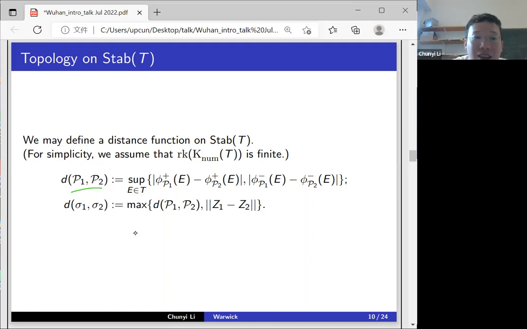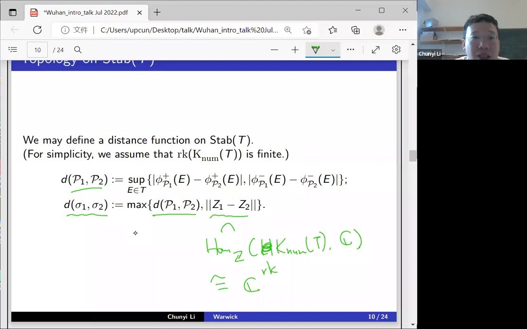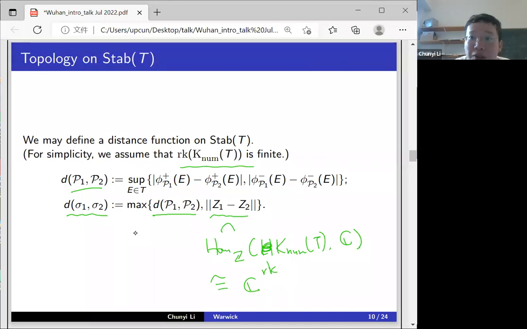Then you can define the distance function on the space of all stability conditions to be the maximum of the distance of slicings and the norm distance between their central charges. But here, recall that the central charge is just a group homomorphism from K num to C. Sorry, here I assume this K num is finite rank for simplicity.